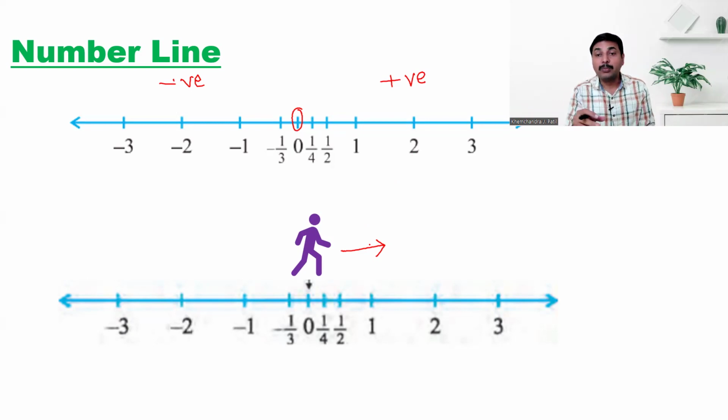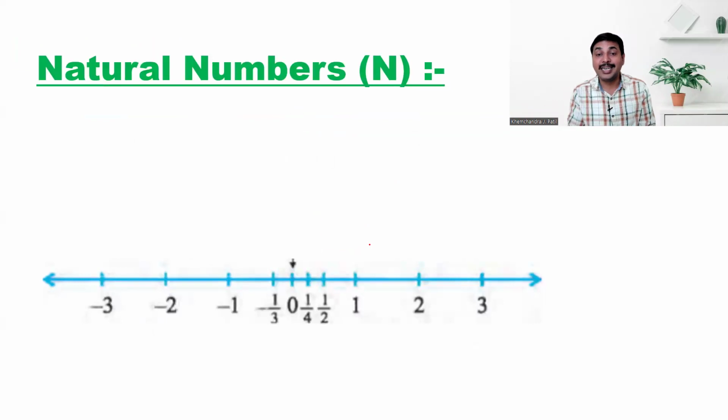So all the positive numbers on the right side of 0 are called natural numbers. Natural numbers are those numbers which are more than 0. So 0 is not a natural number.